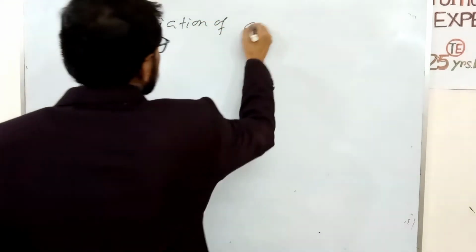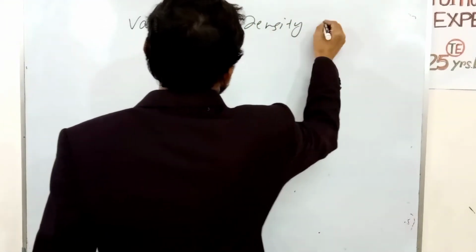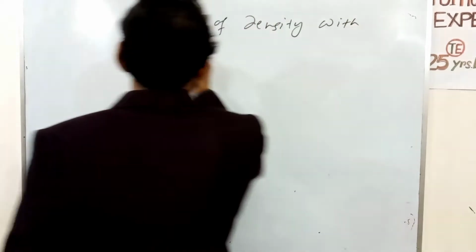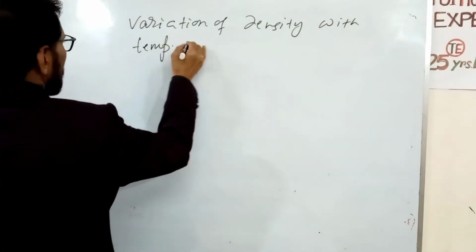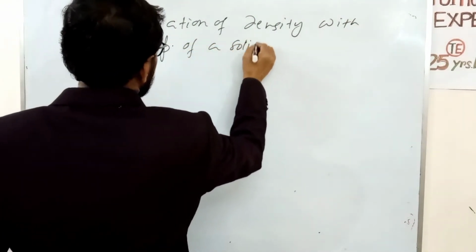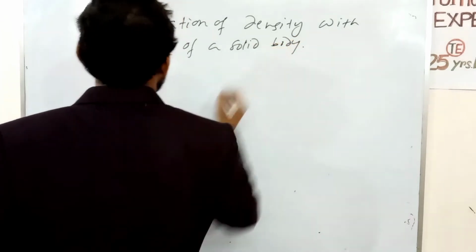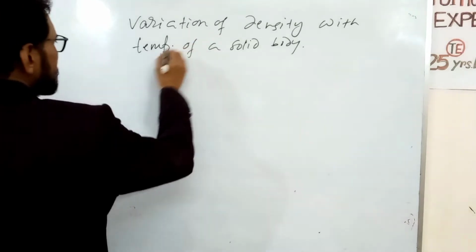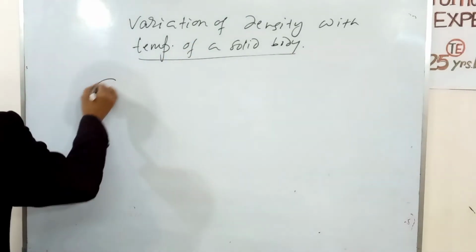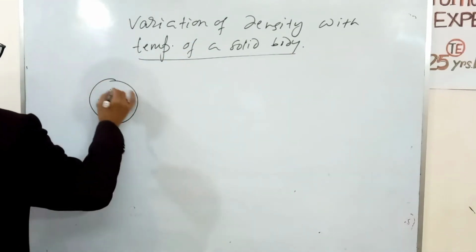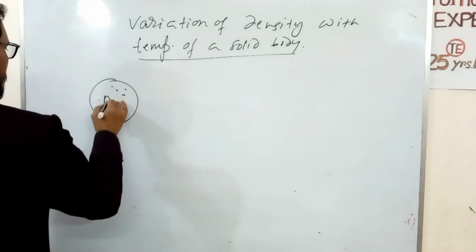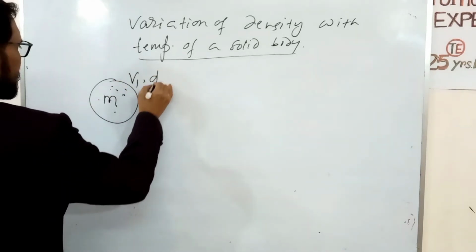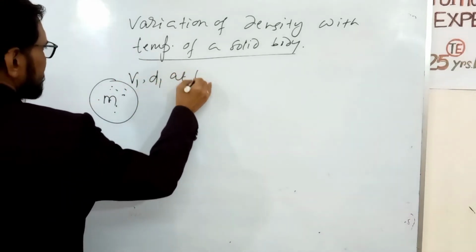Variation of density with temperature of a solid body. How density varies with temperature. Suppose this is a body of mass m and its volume V1, density D1 at T1 degree centigrade.